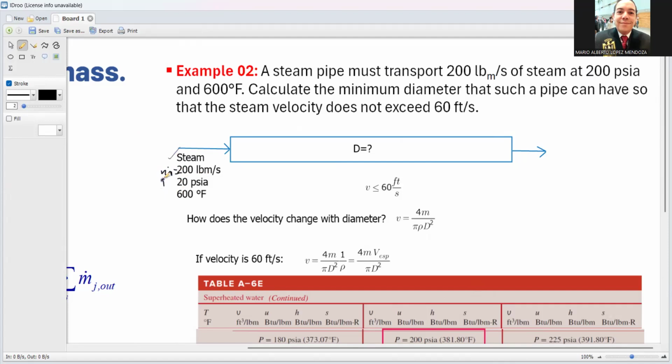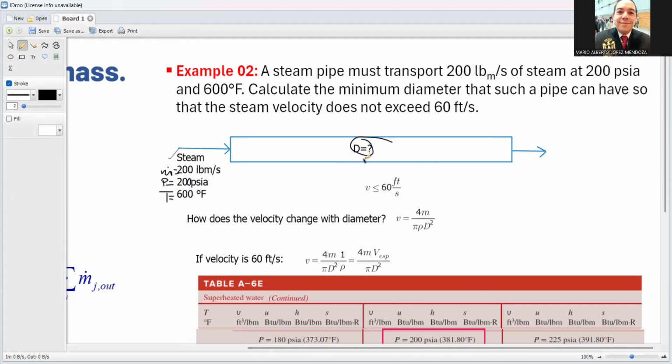The pressure, 200, sorry, I have omitted here a zero, 200 pounds per square inch, and the temperature of the steam, 600 Fahrenheit degrees. So we want to estimate the diameter.